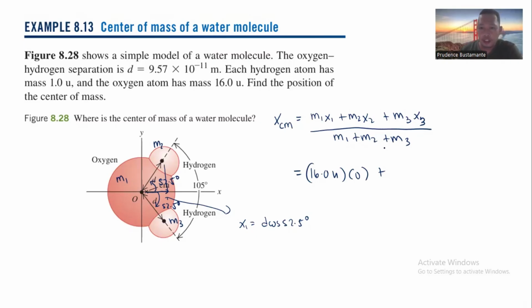So here we have the mass M3, which is equal to 1.0 atomic mass unit, times d cosine 52.5 degrees. And plus this one, 1.0 u, since this is also positive for the mass M3, d cosine 52.5 degrees.